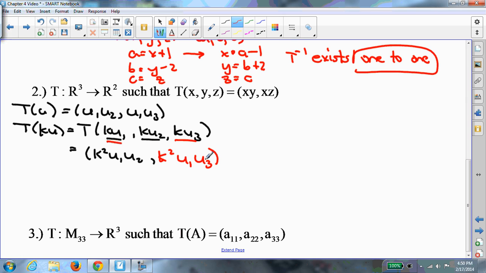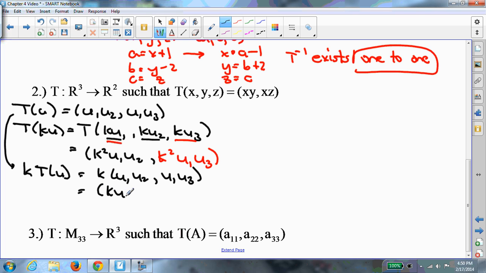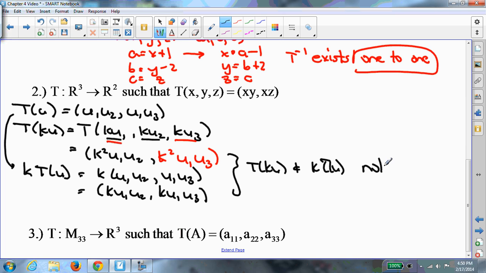But if I were to do k times T of u, I would get k times u1, u2, comma, u1, u3, which would equal k u1, u2, and k u1, u3. But if we look at these two, T of ku is not equal to k times T of u, and so this is not linear.